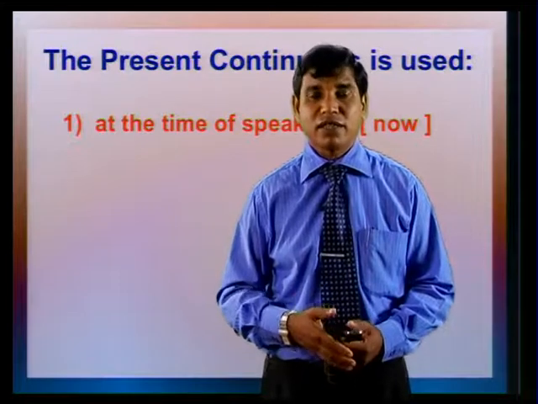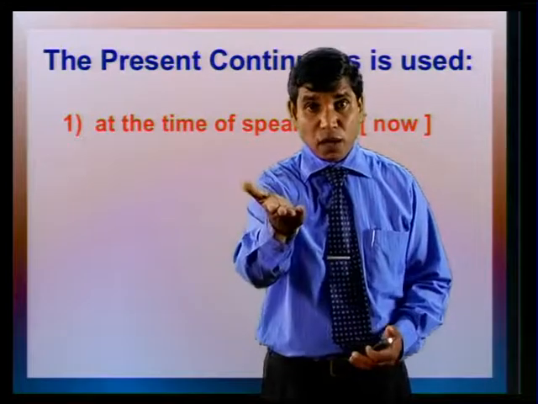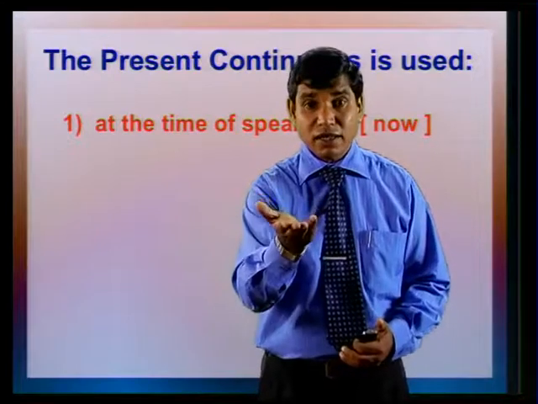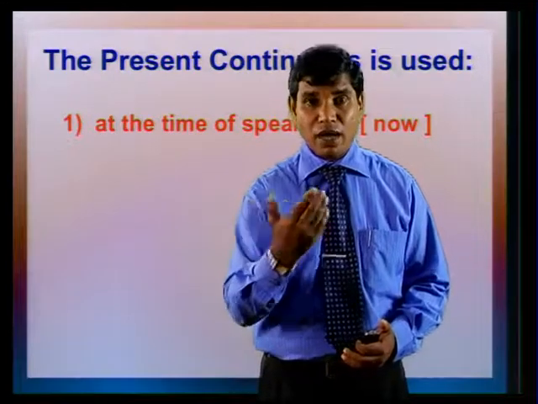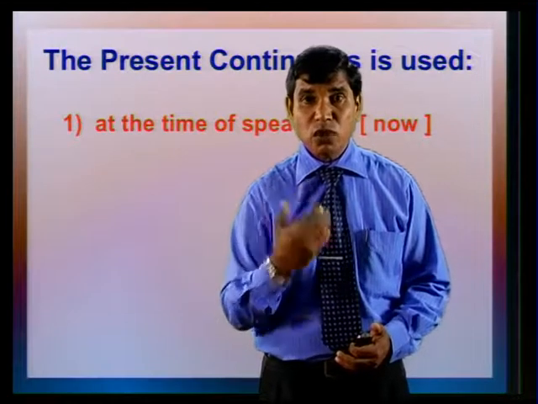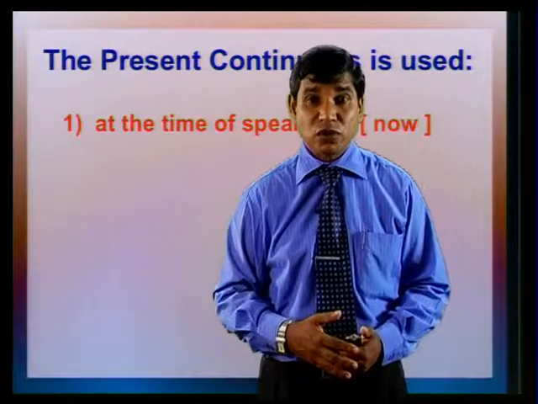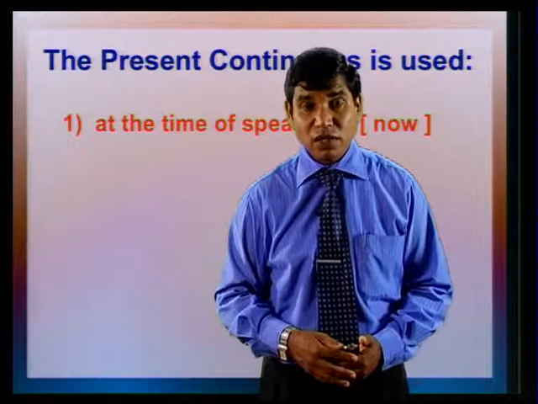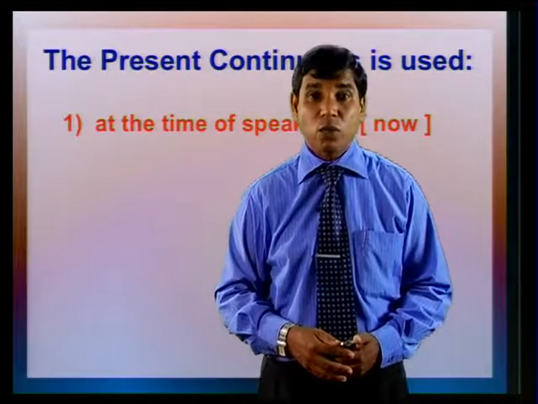The action is happening now. You are listening. The action is happening now. I am talking. The action is happening now. So when you want to say that type of actions, you have to use present continuous, or else you can use the ing form of the verb.